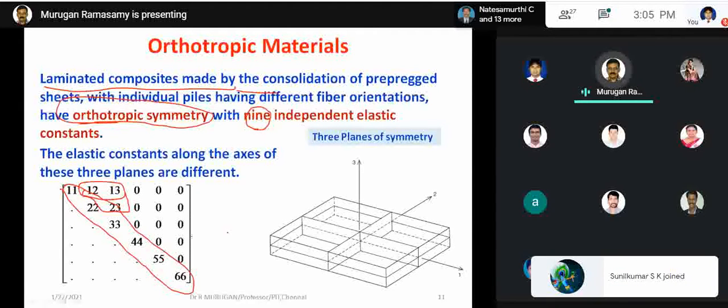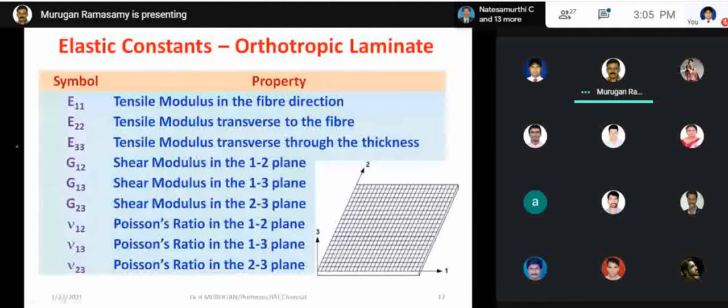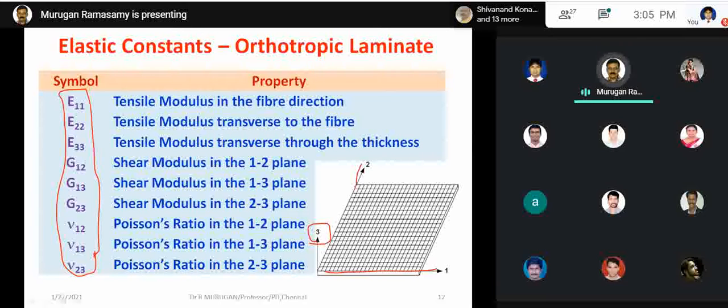These 9 elastic constants are defined like this, based on the material direction notation. This is a diagram showing the laminated composite, right? This is material direction 1, this is material direction 2, and this is called the thickness direction, 1, 2, 3. Actually this is like a bidirectional laminate. The fibers are in both directions 1 and 2, so these are called bidirectional lamina.